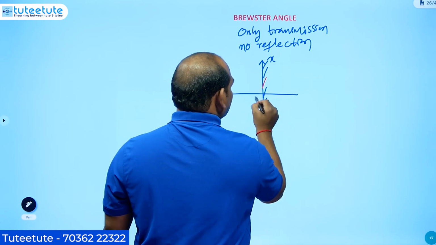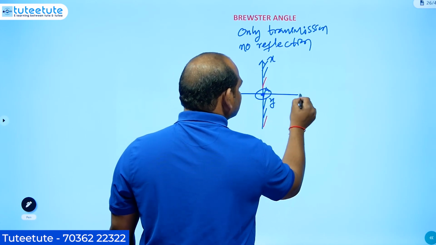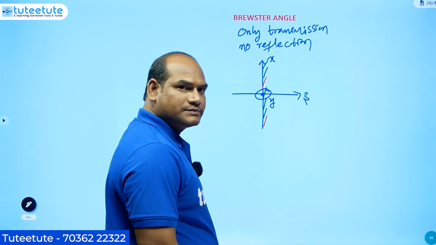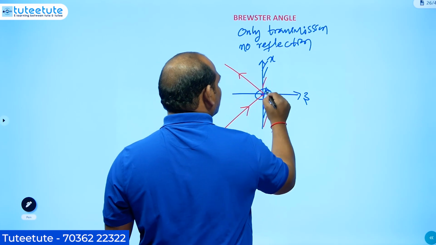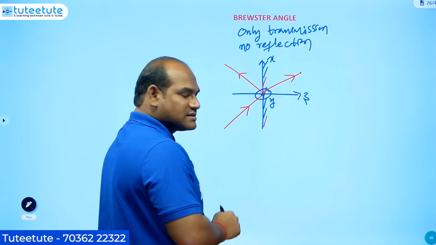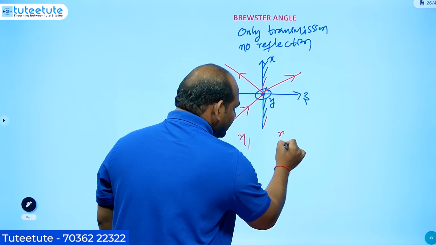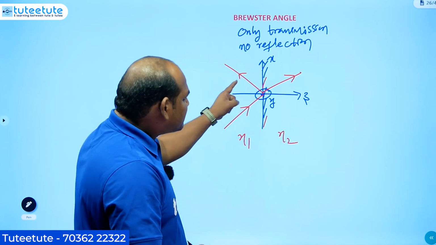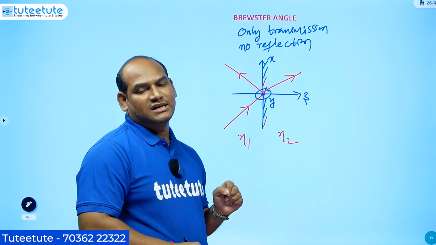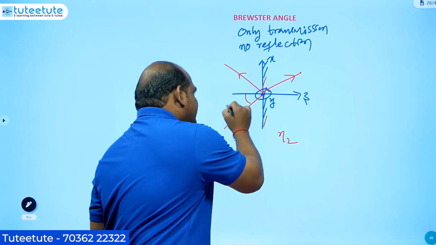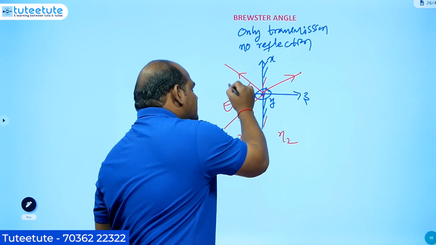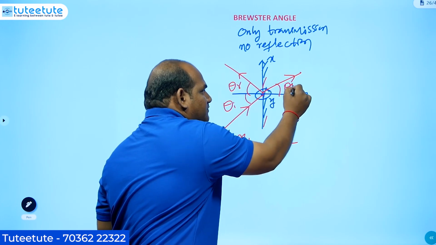that is the xy plane, and this is the z-axis, the normal to the boundary. This is the incident wave, reflected wave, transmitted wave in the general case. This is eta 1, eta 2. Why do we get reflection? Because of the impedance mismatch. Here theta I we have taken, this is theta r, and this is theta t.